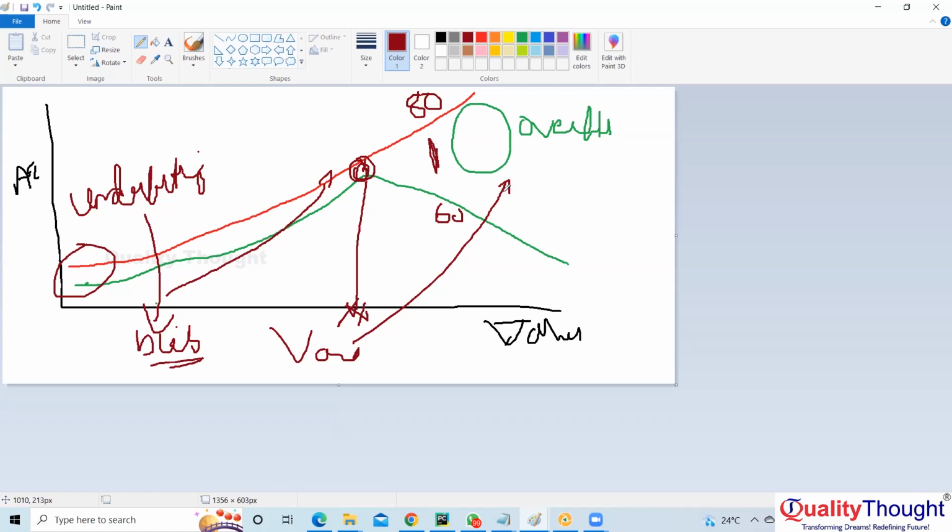So you'll hear bias: bias is the error where both training and test accuracy are low, the underfitting situation. Variance is that gap between your training and test. When the gap between training and test is high, you end up in the overfitting zone. This is the perfect zone where you need to stop.